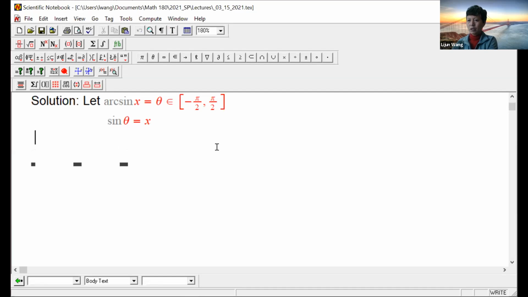And I'll be telling the reader that, if that's the case, cosine theta is equal to the square root of 1 minus x squared.